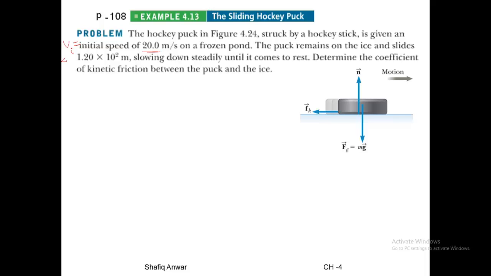So this is delta x. It slides down steadily until it comes to rest. Delta x is 1.2 times 10 raised to 2 meters, and finally it comes to rest, meaning final velocity is 0. Determine the coefficient of kinetic friction. So you have to find out mu sub k.